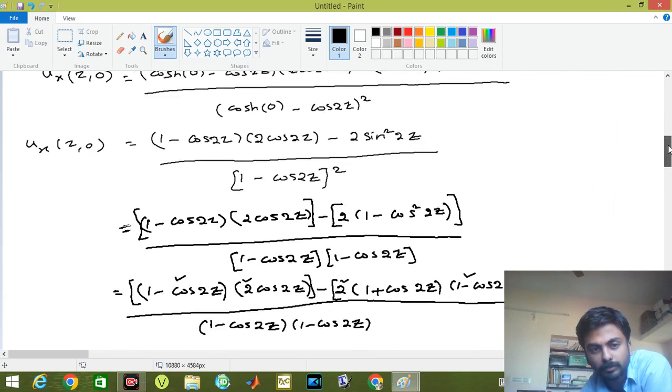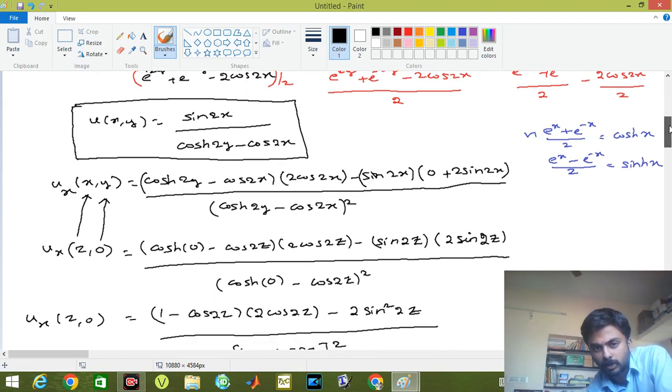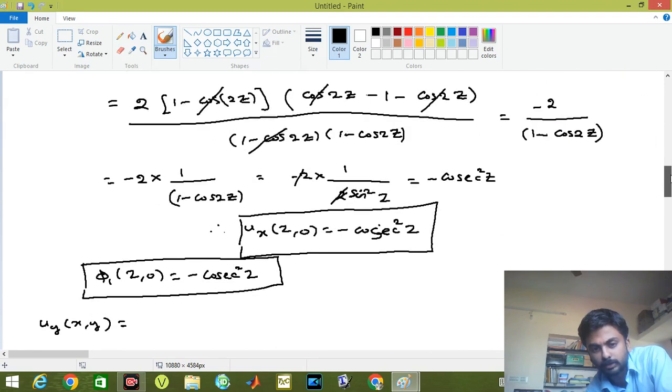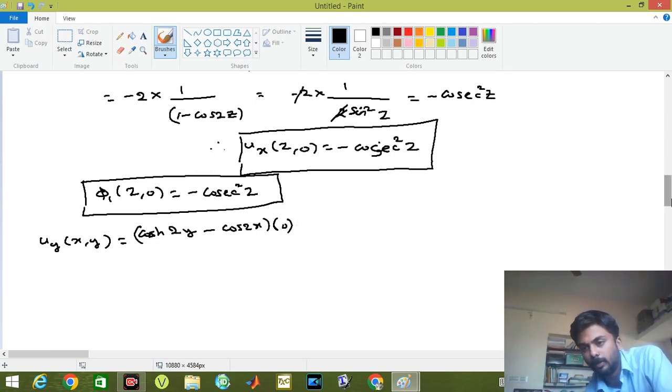So we will get cos h2y minus cos 2x. V u dash will become 0 because there is no y term in the numerator.